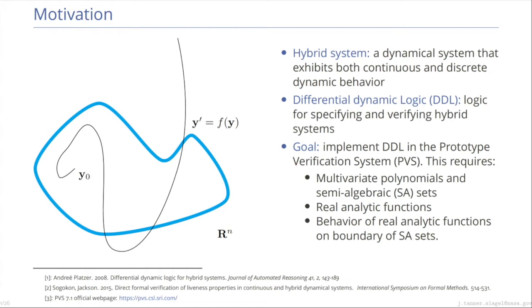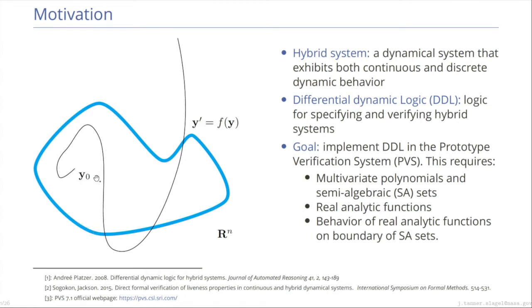Our goal is to implement DDL in the prototype verification system, which is a formal specification and verification language. The thing is that DDL is not a trivial logic. It requires a lot of reasoning about mathematical objects, in particular multivariate polynomials and semi-algebraic sets, as well as real analytic functions, and also the way that a real analytic function might behave around the boundary of a semi-algebraic set.